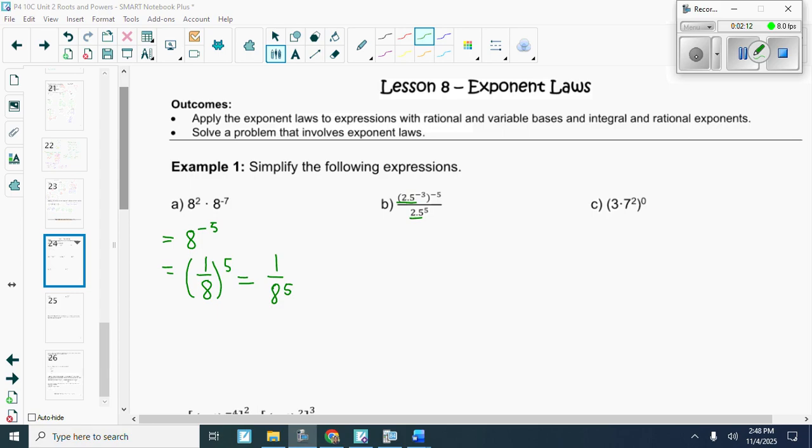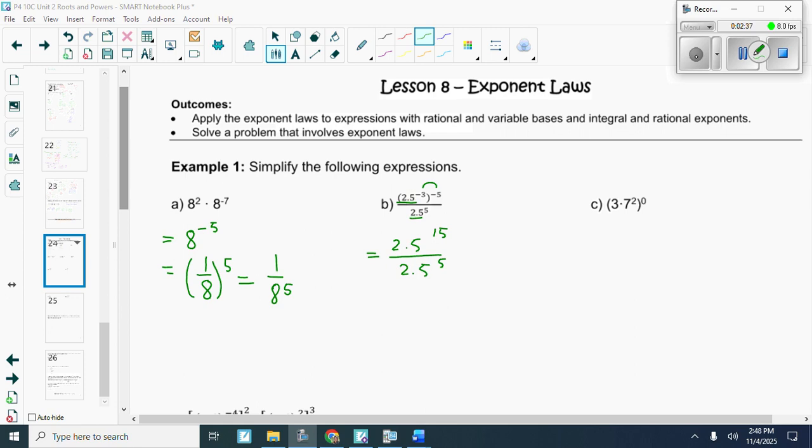So what we're going to do here is we still have power of a power. So we're going to do 2.5, and we're going to multiply -3 times -5. That gives us positive 15. So that's the first step: we did power of a power on the top. And now we are dividing the same bases, so we can subtract the exponents.